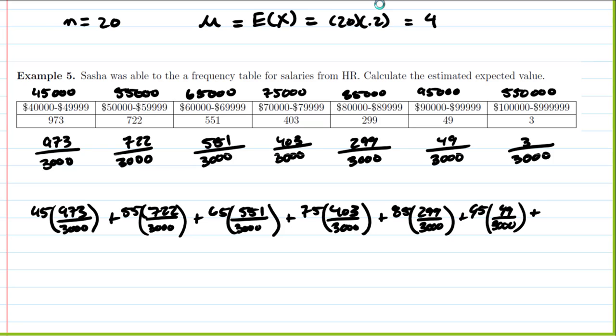And then this one is 550 times 3 over 3,000.